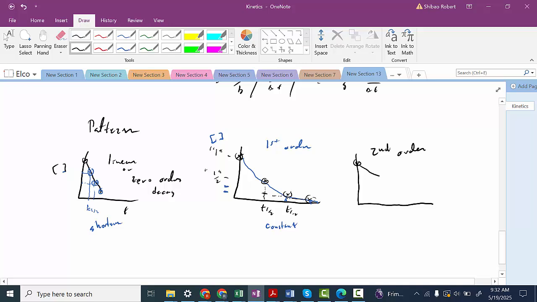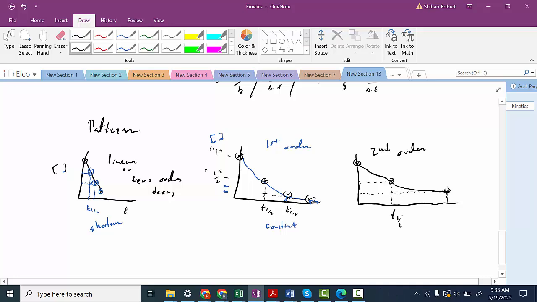So if it takes T1/2 here to get halfway, and so that's the time it takes for 1/2 of it to get consumed, the half-life, then the next half-life actually is going to take twice as long, and that would be second order. And so if we double that, it would place the next point out here. So it's a slower, or more gradual, decay, versus a first order, which would be a faster decay.